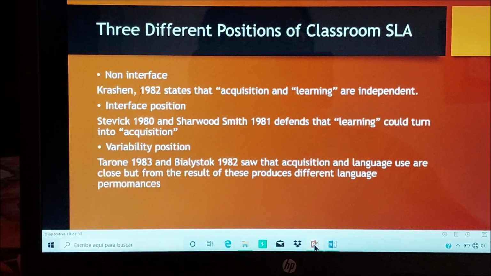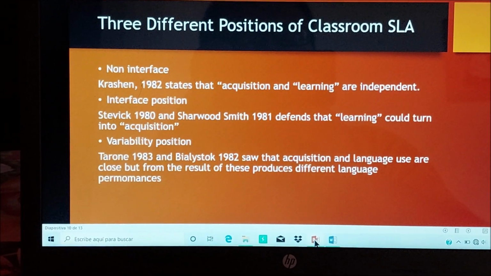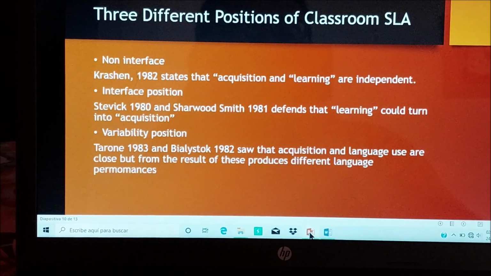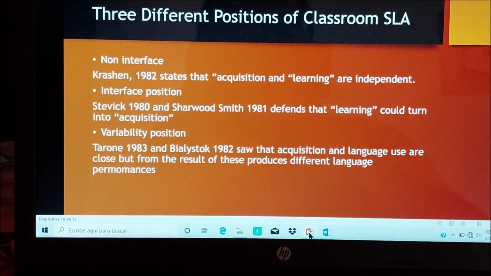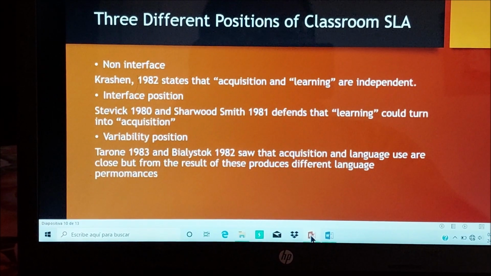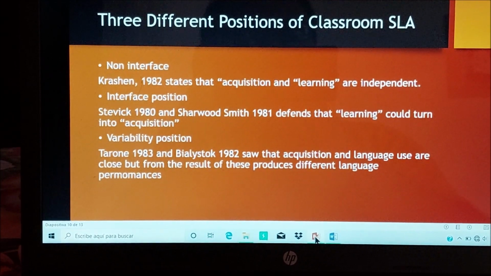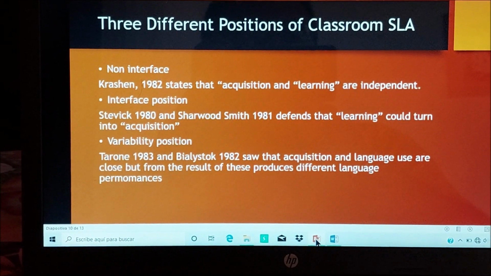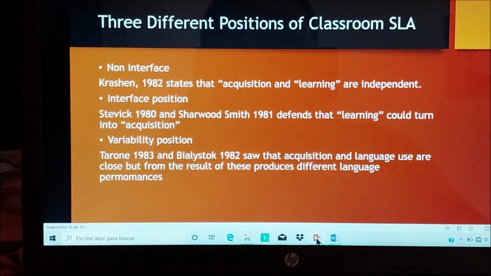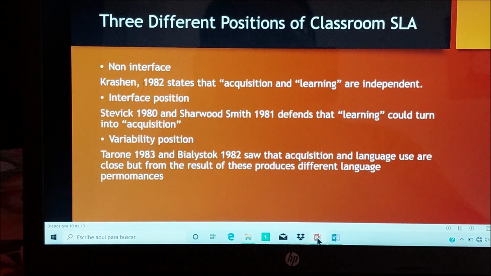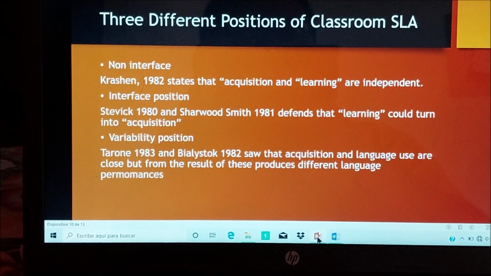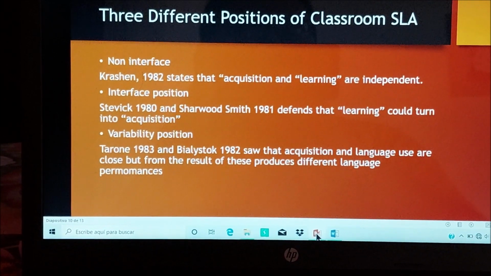And there is Krashen, for example, who states that there is a difference between acquisition and learning, and some other definitions about acquisition and learning, and how they depend on the context and the interaction that you as a teacher and learner produce in a classroom, right?